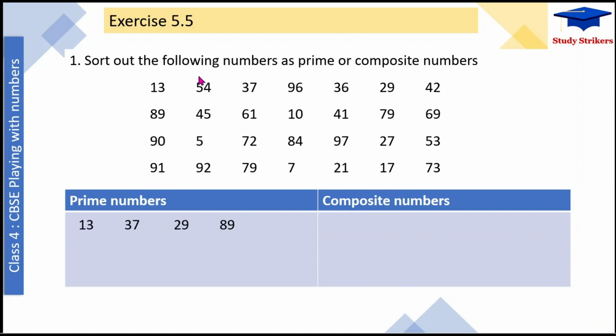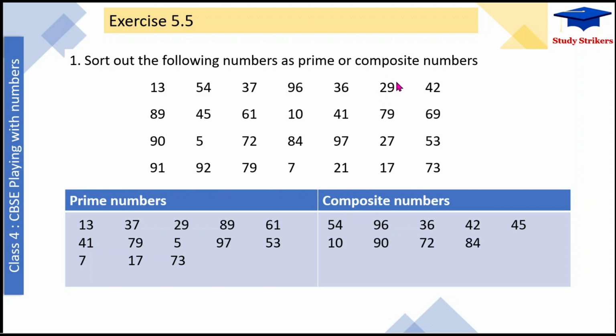Then we have 54. 54 is a composite number. 37 is again a prime number. 96 is a composite number. 36 is a composite number. 29, yeah, it's a prime number. 42 is a composite number.